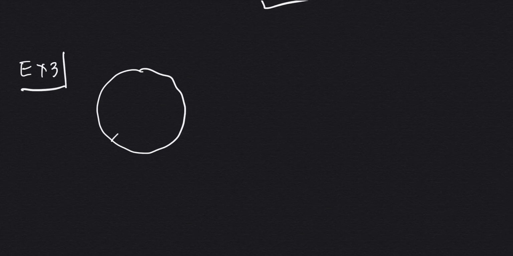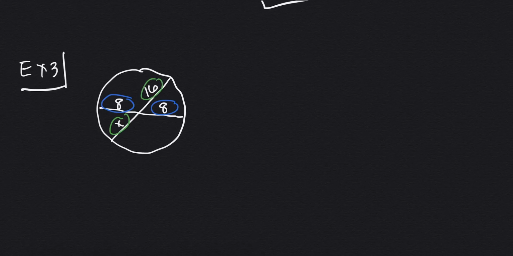Last one, I think you guys got it. All right, so here's our circle. Two chords that intersect, and let's say I've got two equal pieces of 8 and 8. This piece here is 16, and I want to find the length of that piece. So again, what we're going to do is make sure we have the pieces of the same chord, so 8 and 8 are on the same chord, and X and 16 are on the same chord.